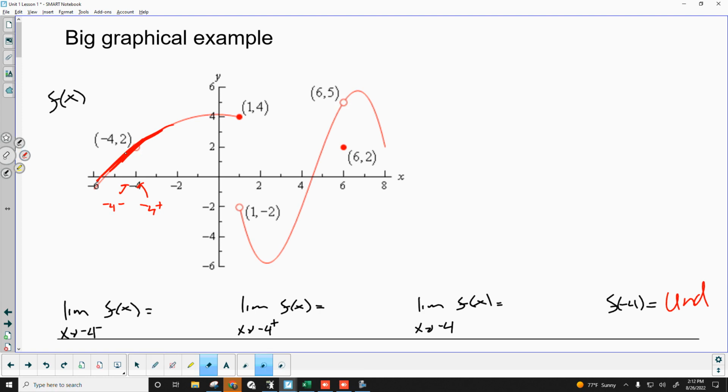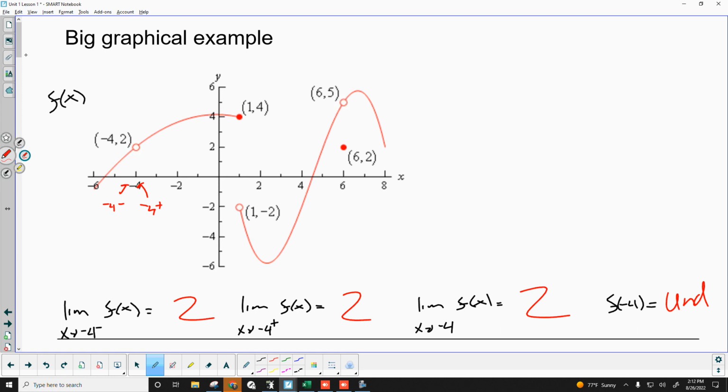This is just like the x squared minus 4 over x minus 2 situation. We are approaching a y coordinate, but you can't plug in -4 and get one. You get 0 over 0. But you can plug in -4.001 and -3.999.